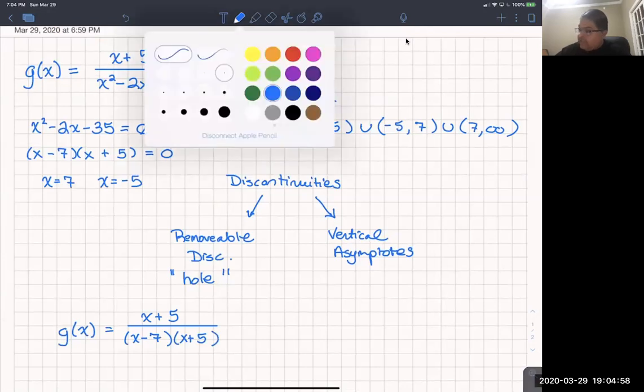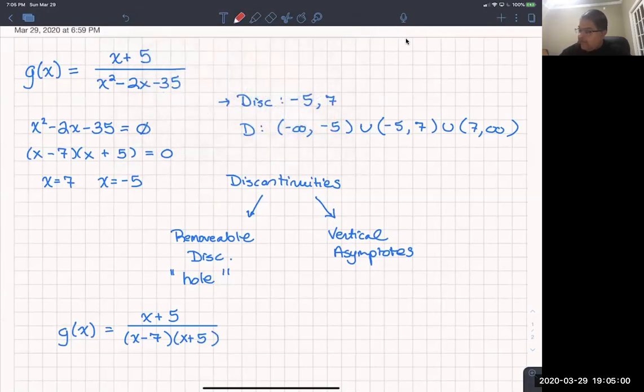And I notice that the x plus 5 in the denominator and the x plus 5 in the numerator, they're considered numbers, so they can be eliminated, like if you had a 3 in both the numerator and denominator, you can cancel those out. It's the same thing here.